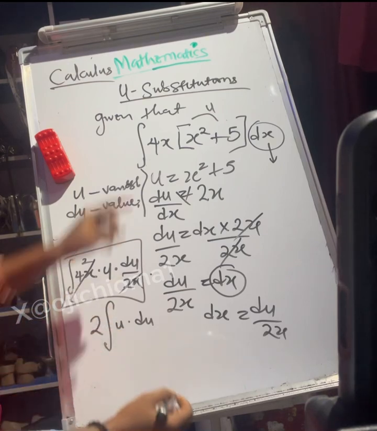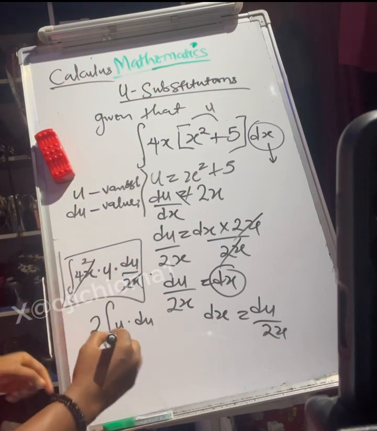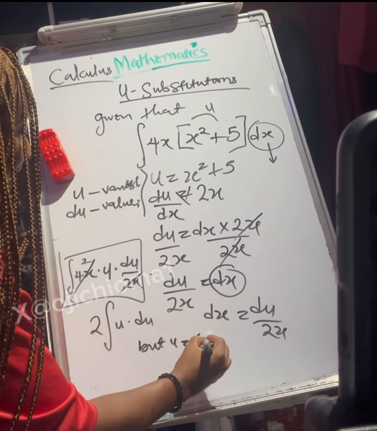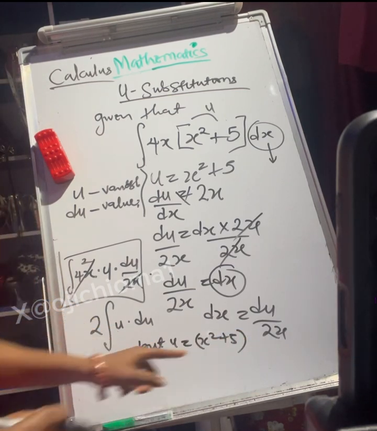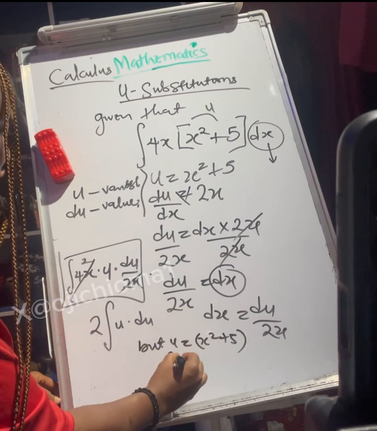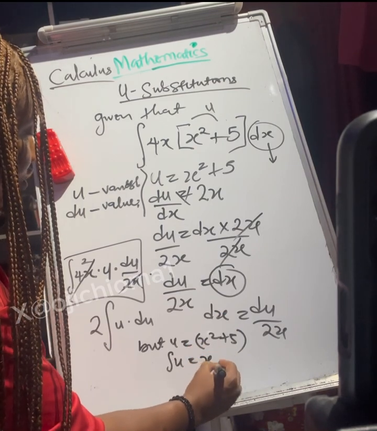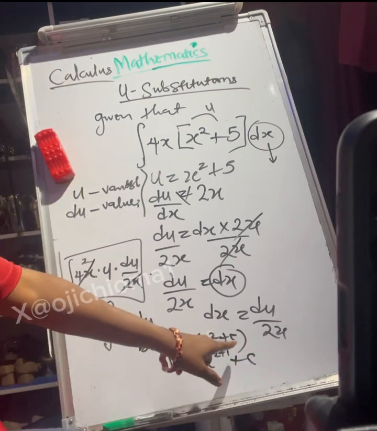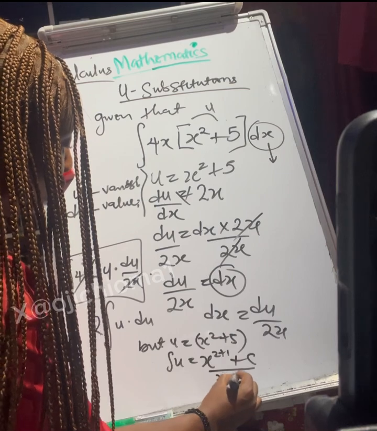Right? Now we know that the u is this, right? We expand it now. We want to integrate the u. But you know that u equals x raised to the power 2 plus 5. Now if we want to find the integral of u, it will be what? Using the integral formula, we have x raised to the power 2 plus 1, which is the power, then plus c, because you are integrating a constant, over 2 plus 1.